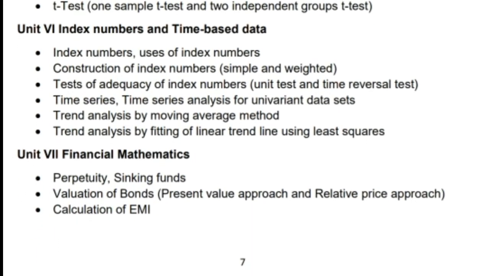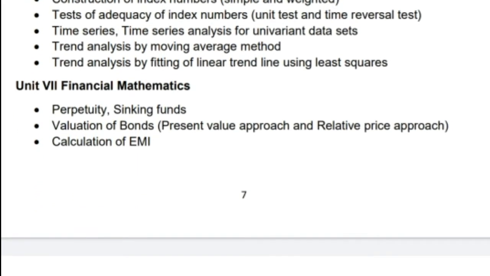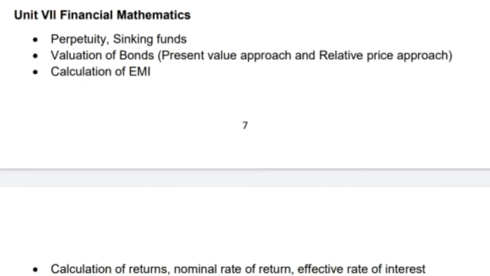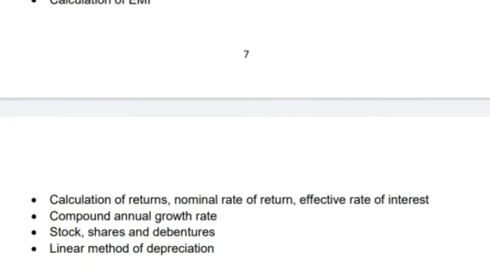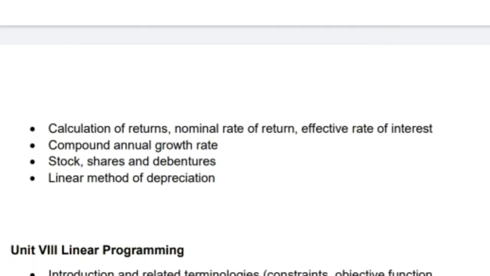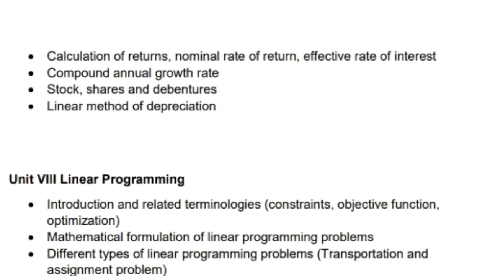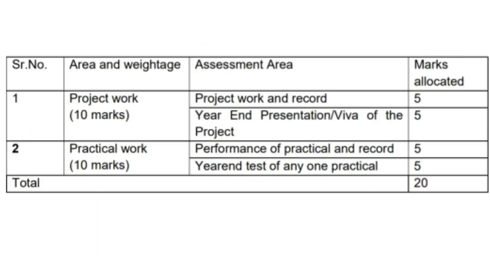And then linear programming, LPP, is there, and this is also connected somewhat with economics as well as commerce students. So as per the syllabus analysis, I don't think that applied mathematics will be easy, because the syllabus I think is greater than the previous mathematics, 041. It is because the calculus portion is also included and the financial portion is also included.